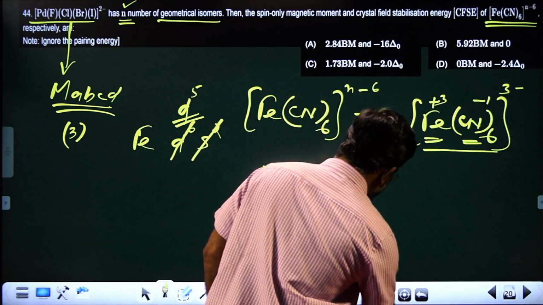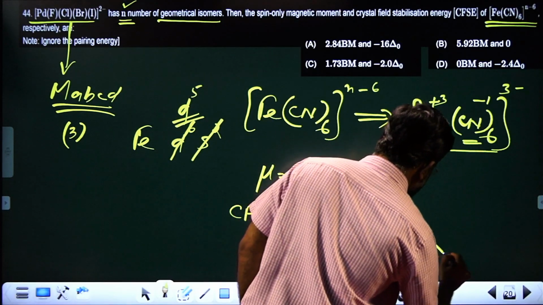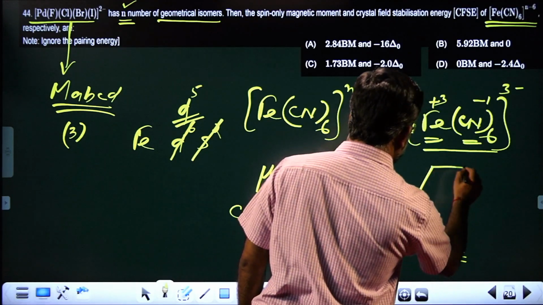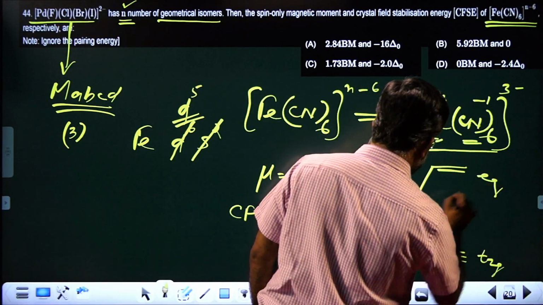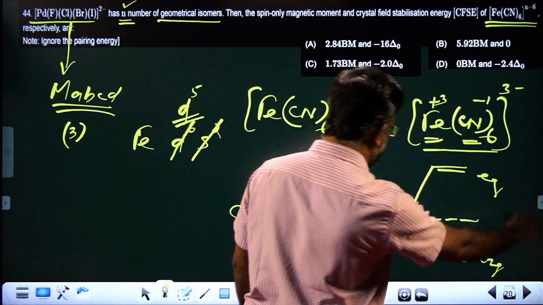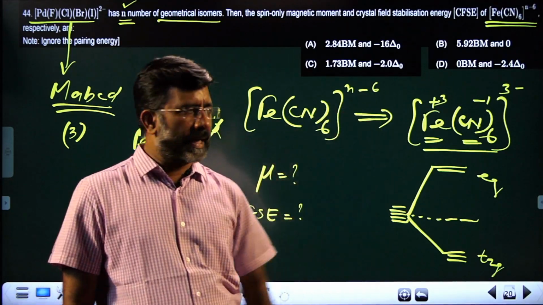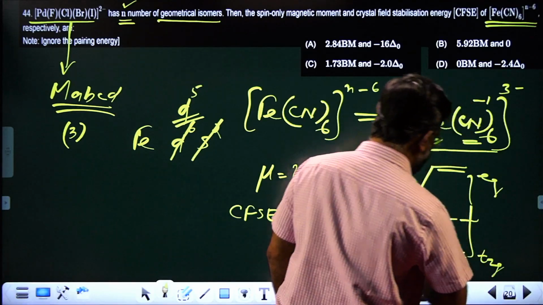Therefore the splitting will be large. This is the t2g orbital and this is the eg orbital, with reference to the baseline, the energy barrier. So this splitting will be large.